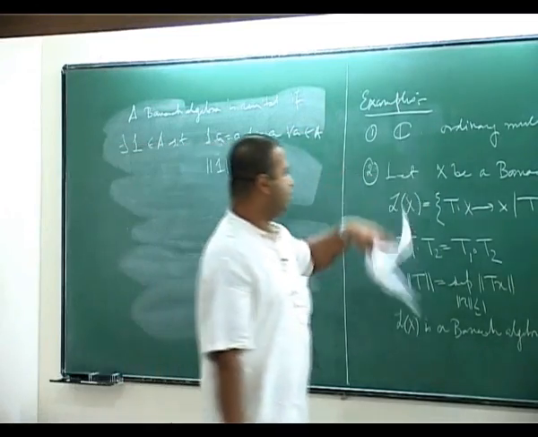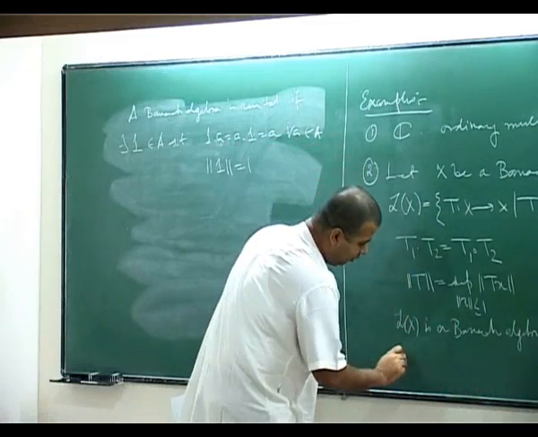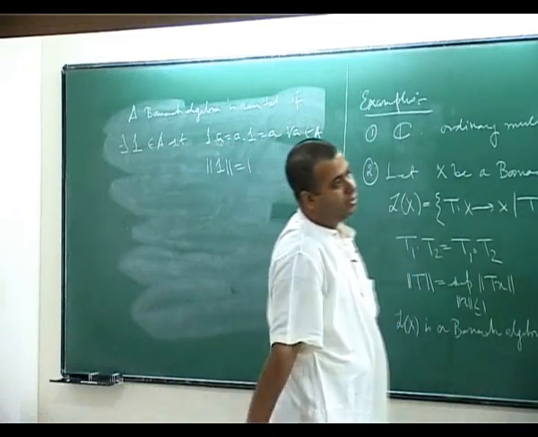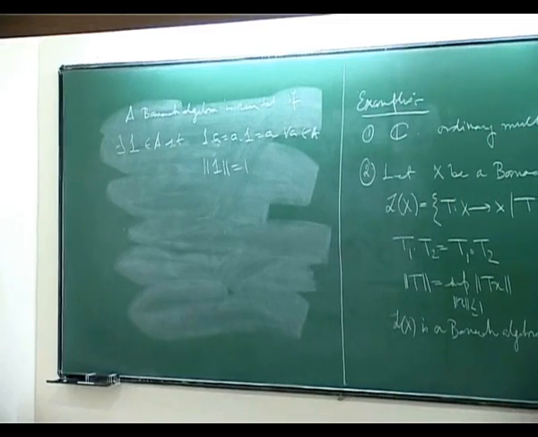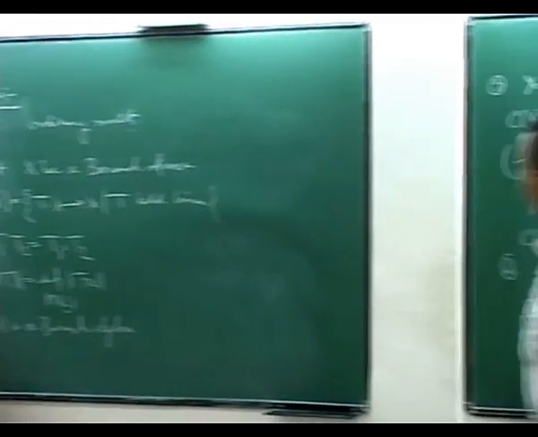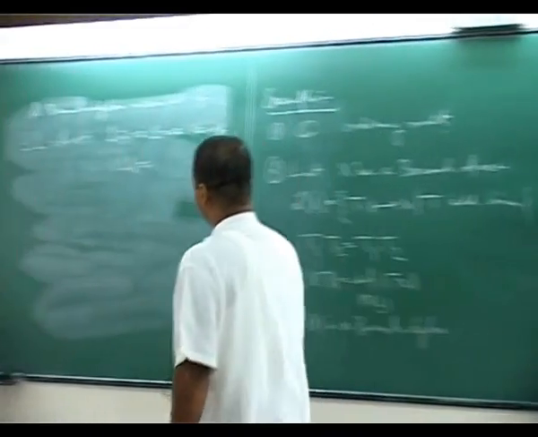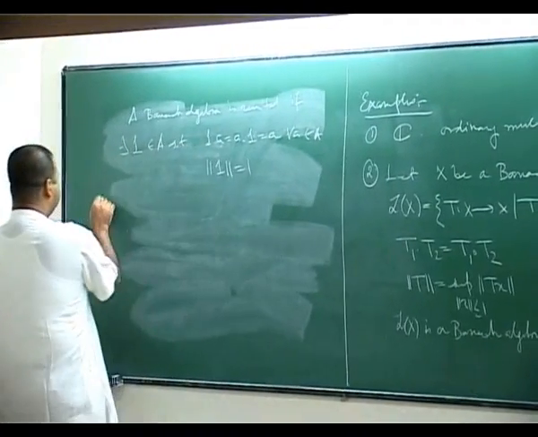Then of course this is unital. This is unital because of the identity transformation, constant function 1, but this has no unit. Okay, so in general, a Banach algebra need not have a unit. That's a remark.